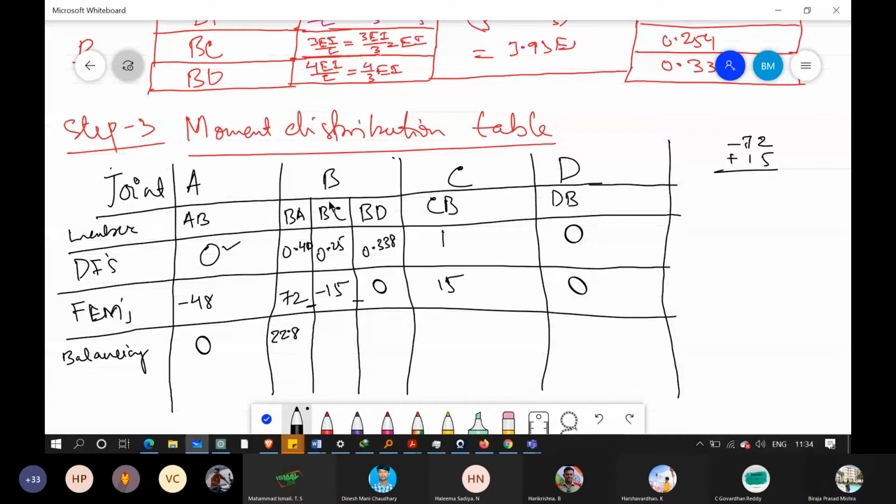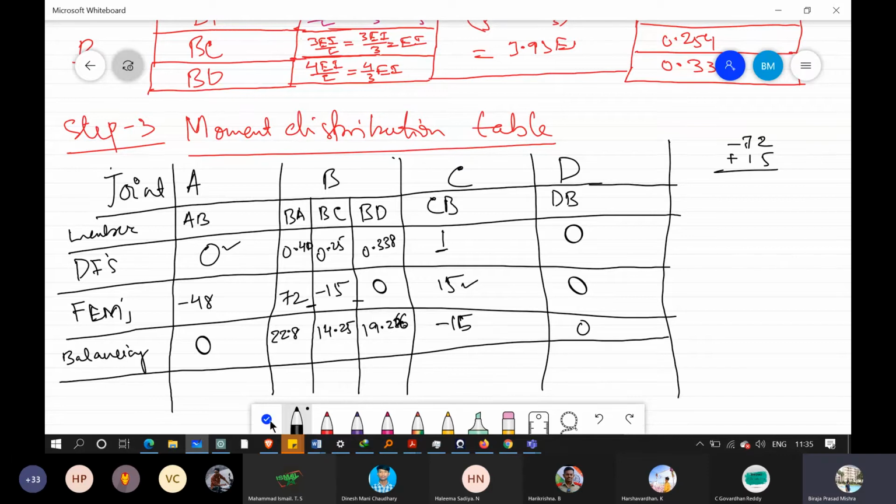Then 57 into 0.338 is 19.266. Then for CB, since it is 15, the balancing moment will be minus 15 into DF 1, so minus 15. Okay.